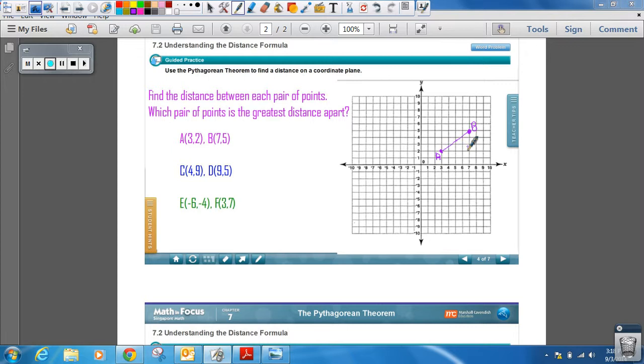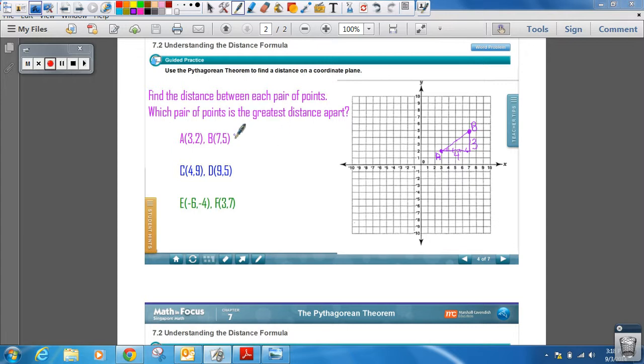We want to know the distance between. This time I'm going to go over and then up for my leg. So I'm trying to find this. 1, 2, 3, it is 4 units over, 3 units up.